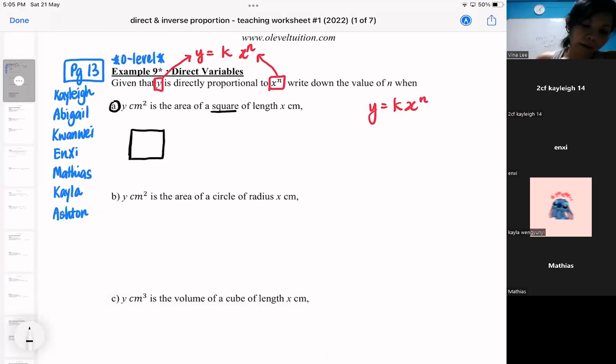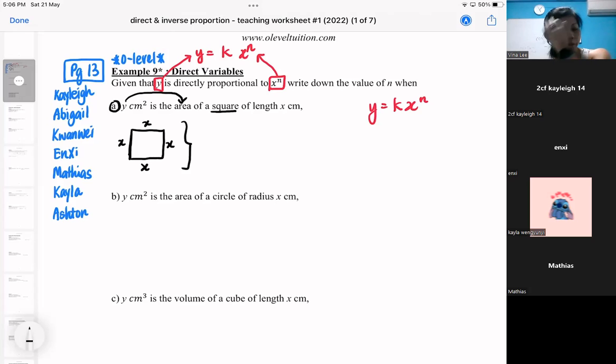Then the sides of the square are all x, and y represents the area of a square. If you break this down, you will realize that y equals x squared.